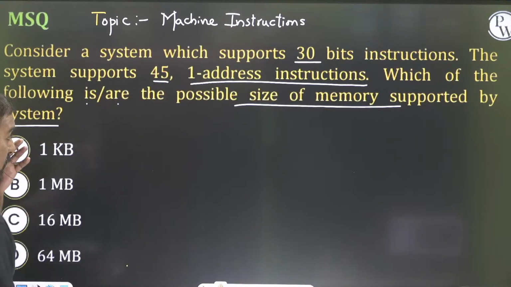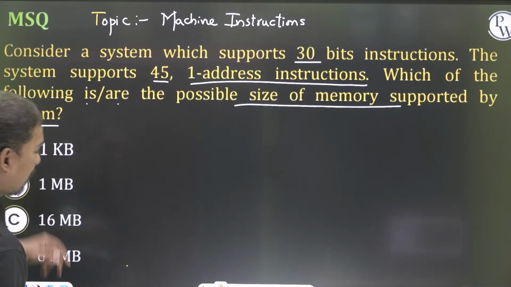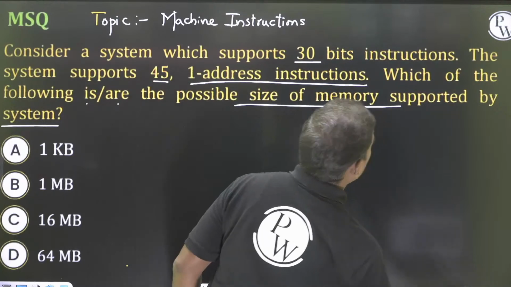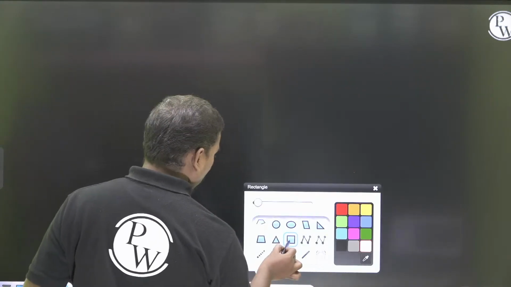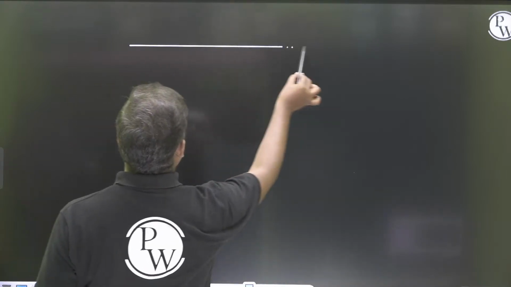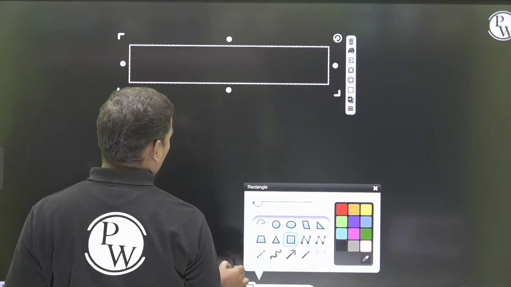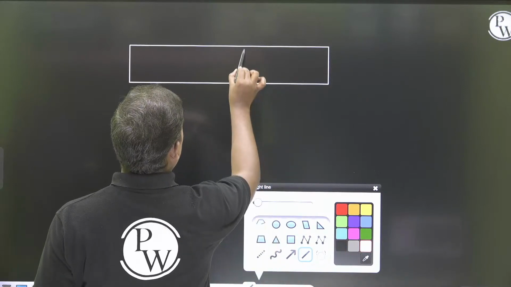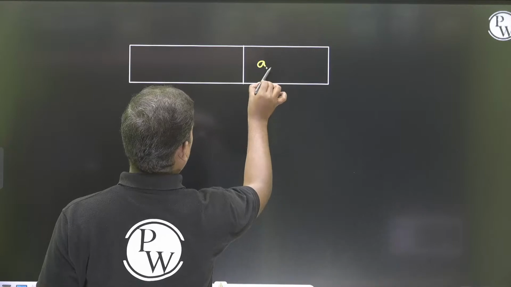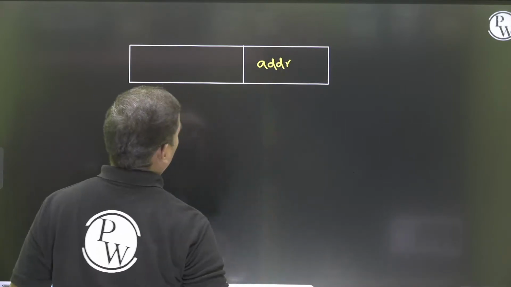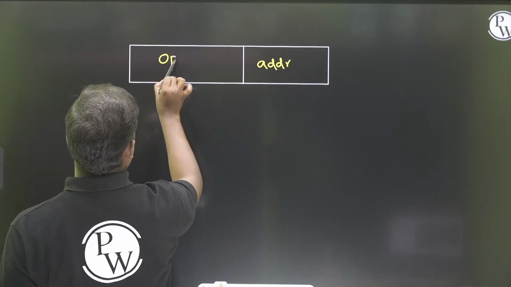Consider a system which supports 30-bit instructions. The system supports 45 one-address instructions. Very clearly it is given that it has one-address instructions. That means that particular instruction has an address field, a single address. Next is the opcode.